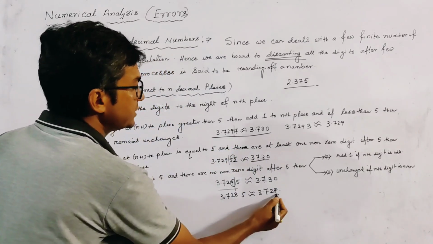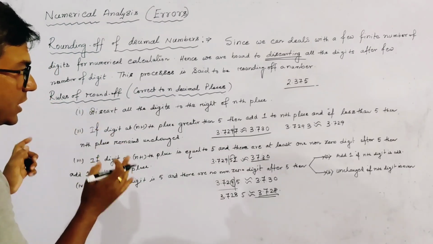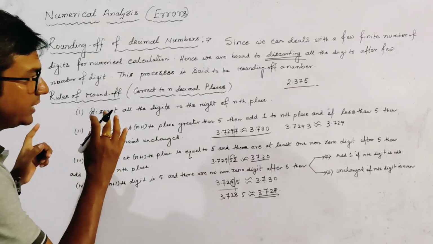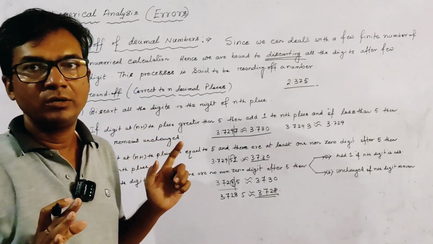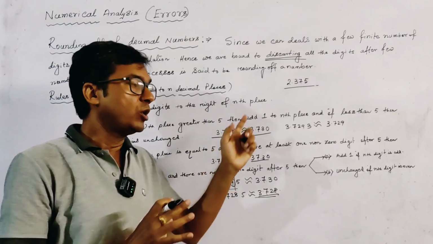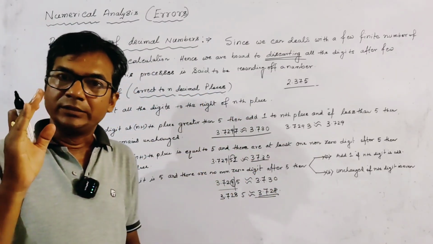This remains unchanged up to 3 decimal places. Okay, and these are the general rules of rounding a decimal number. Okay, and I hope we can solve all the problems of rounding by using these rules. Okay, thank you.